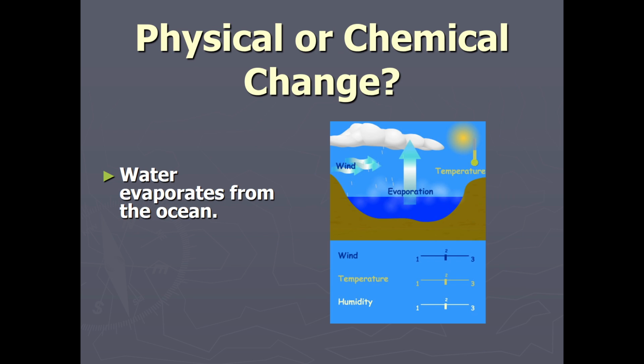So let's do some examples. Water evaporating from the ocean, physical change or chemical change? It's physical. It's still water, it just changed state. It's water in the gas state versus water in the liquid state.